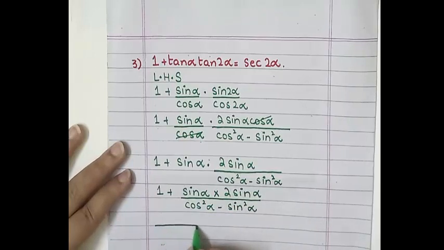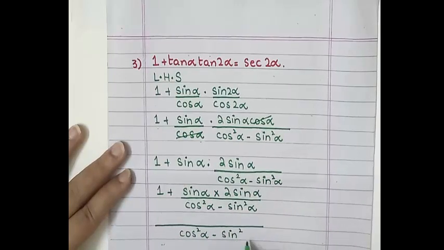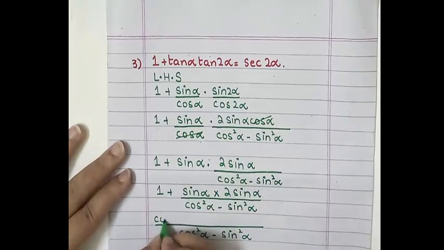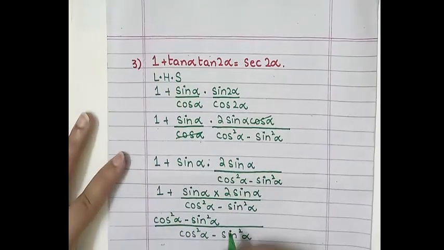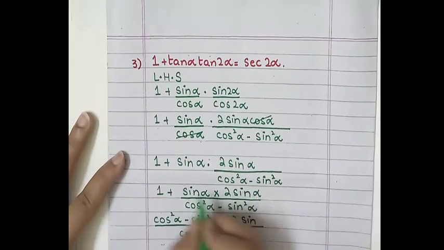Now we will take the LCM, which is cos square alpha minus sin square alpha. So here we have cos square alpha minus sin square alpha, the general method of taking the LCM, plus this we have 2 sin square alpha.